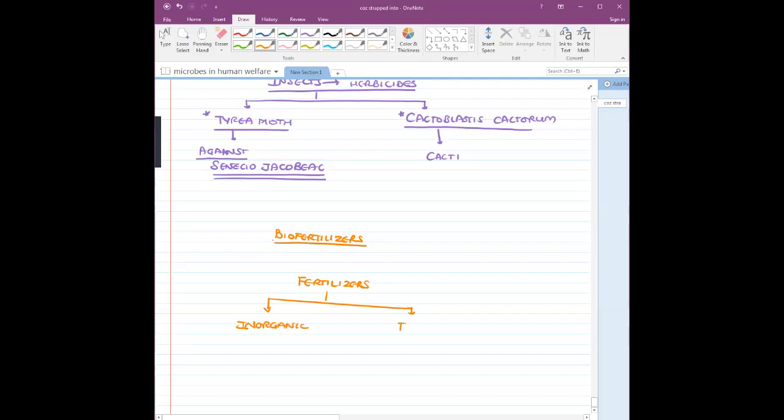Now, traditionally, what are these? Let's try to see. Okay, so we have inorganic and we have organic. But guys, when we talk about the inorganic ones, what are these guys? These are the ones which are synthetic. They are produced artificially.